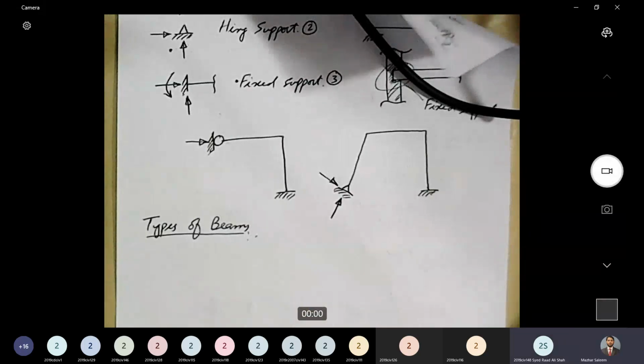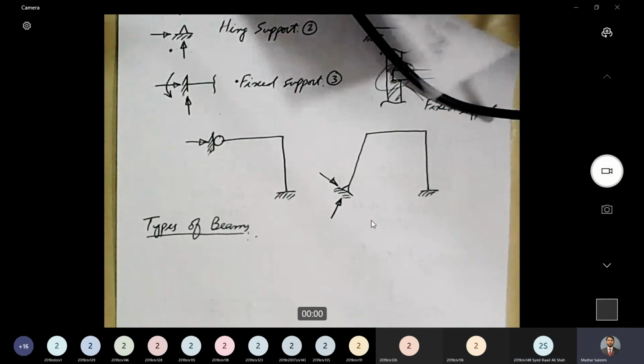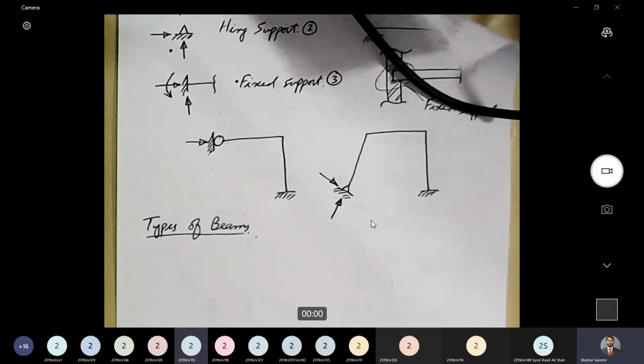Yes, sir. We know about 3 types of beams: simply supported, cantilever, and overhanging. Okay. Any other type? Sir, propped beam. Propped beam. Okay. That's right.